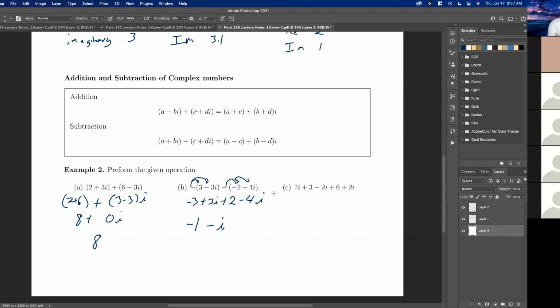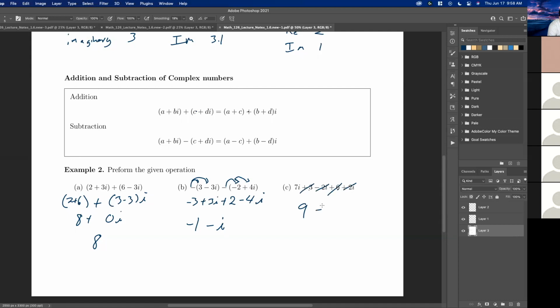Now, if you have a whole bunch of stuff all together, just do what I usually do. Just do the real parts first and the imaginary parts second. So I have 3 plus 6, and that gives me 9. And here I like to cross off things because I just make sure I got everything. So the 7i minus 2i plus 2i, well, the plus 2i and minus 2i just cancel each other out.